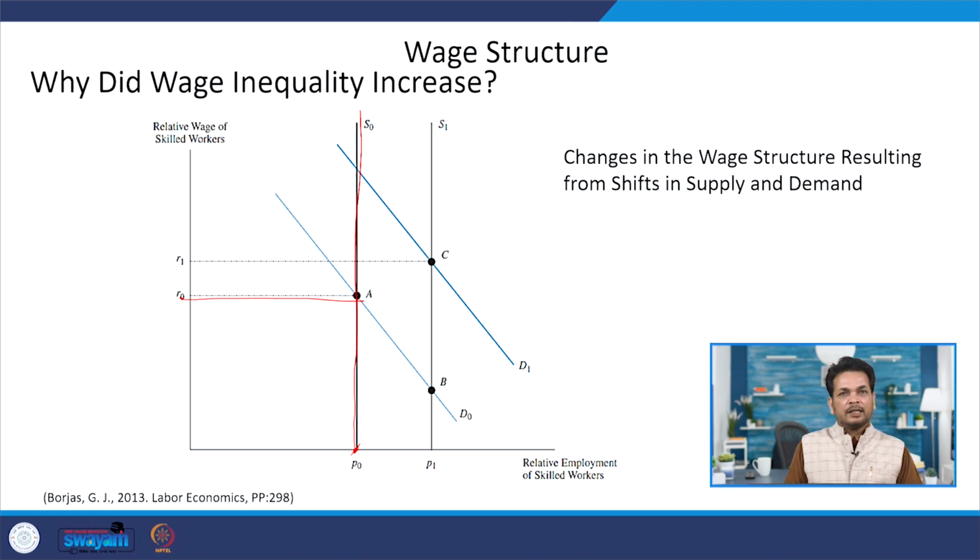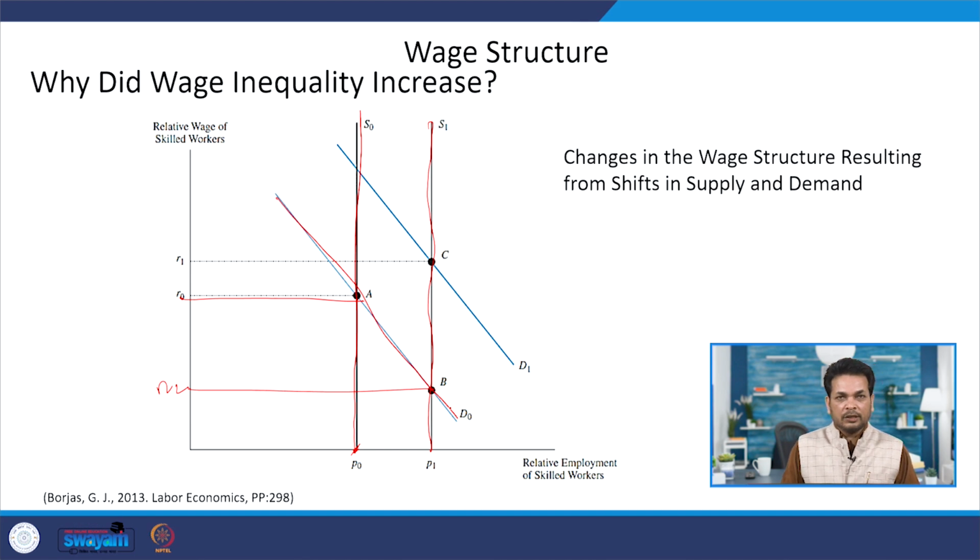Now, let us say, because of human capital theory, the gap between the wage rate of skilled and unskilled workers leads to an increase in the supply of skilled workers in the economy over a period of time. If the supply of skilled workers has increased from S0 to S1, this may lead to a lowering of the wage rate for skilled workers, keeping the demand constant.